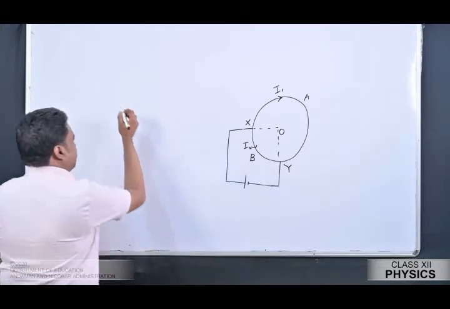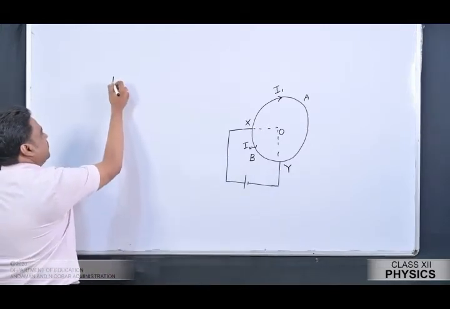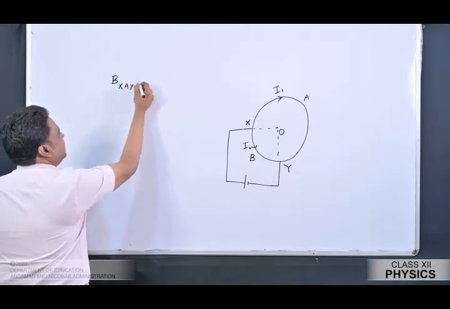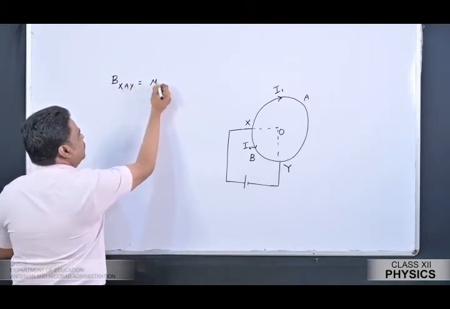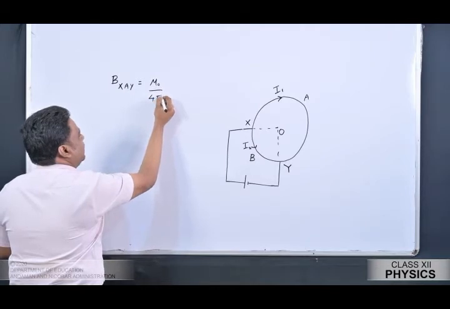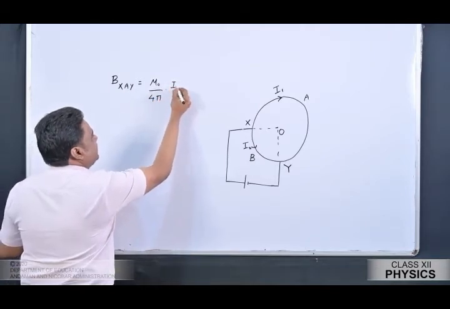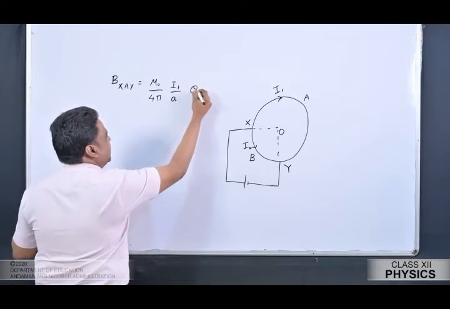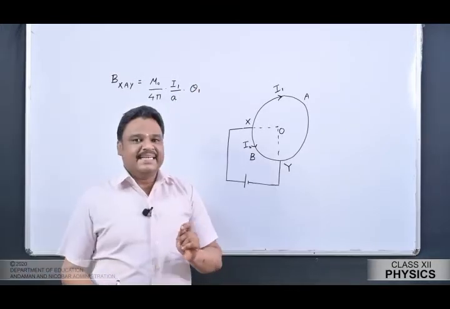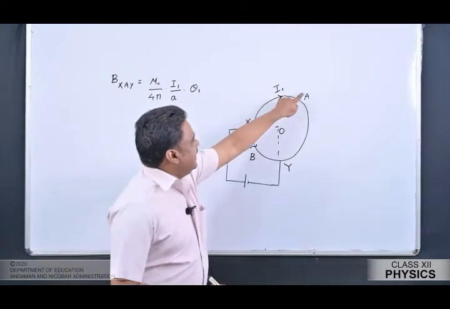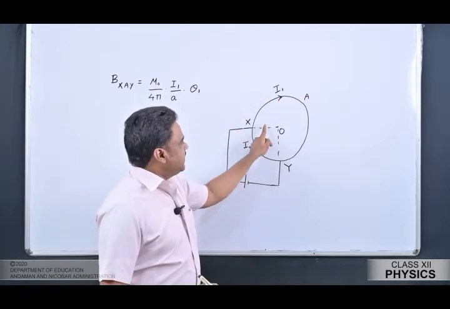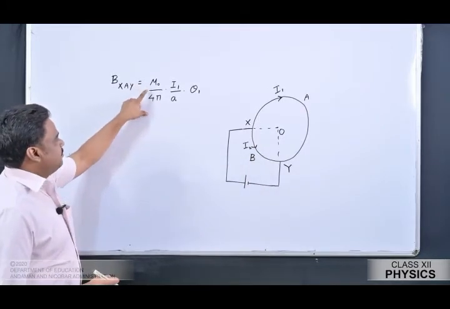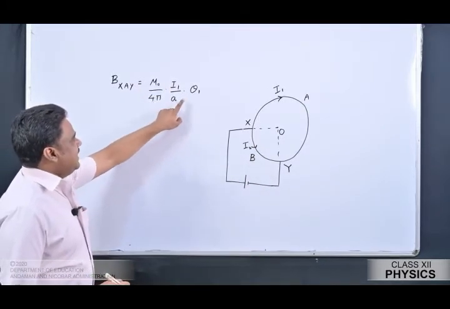So what is the mathematical form? The magnetic field due to the part XAY, which subtends an angle theta 1, can be written as mu naught by 4 pi into I1 by A, where A is the radius, into theta 1.